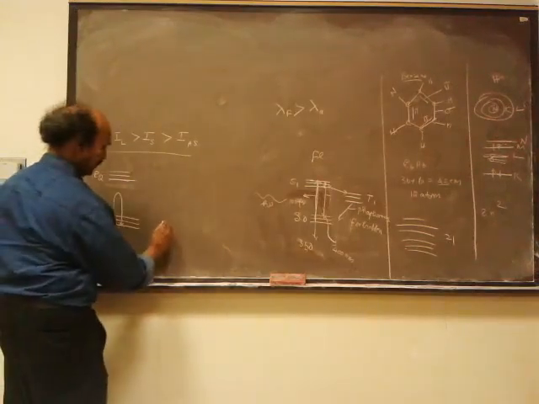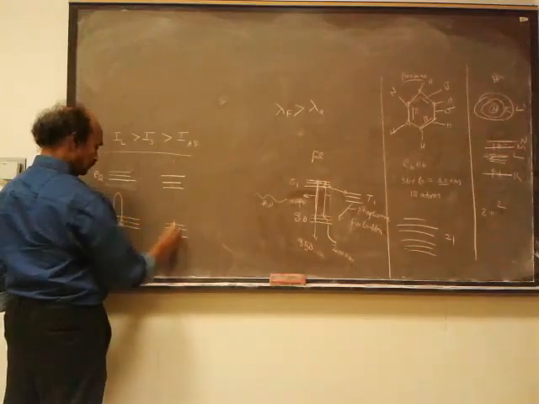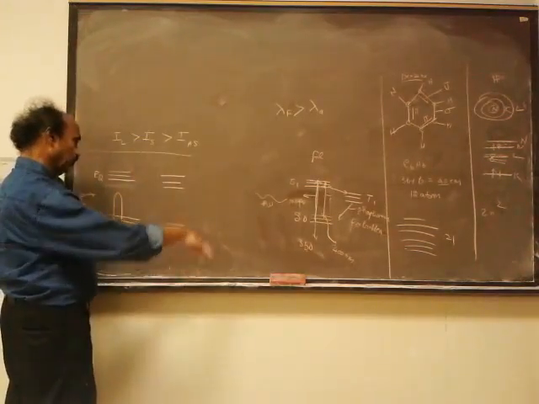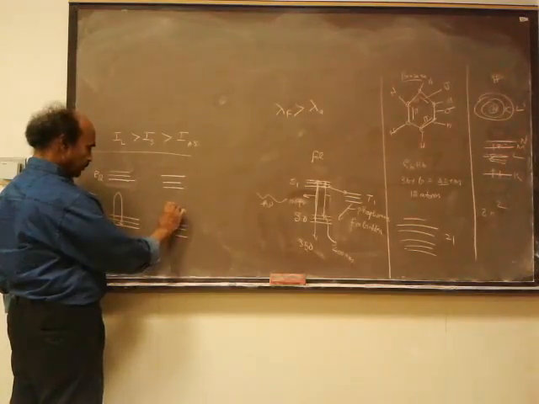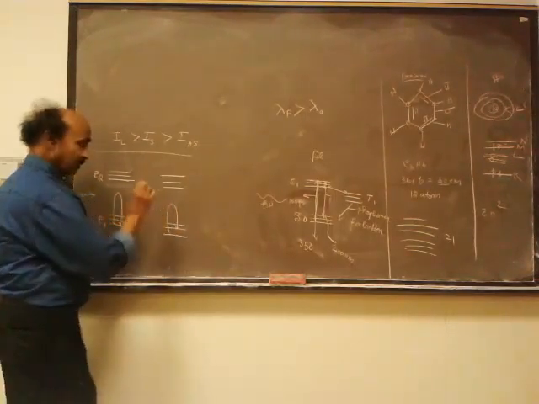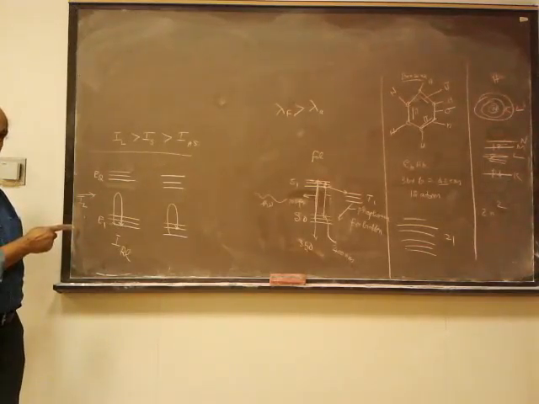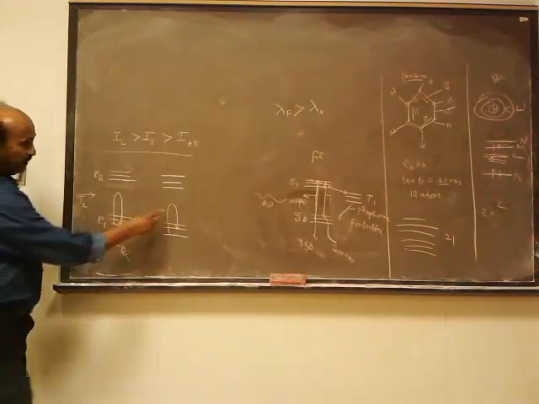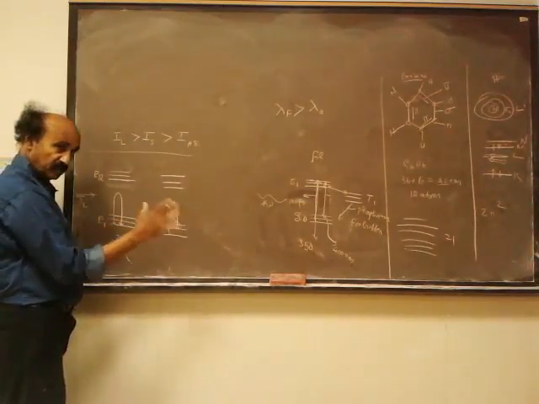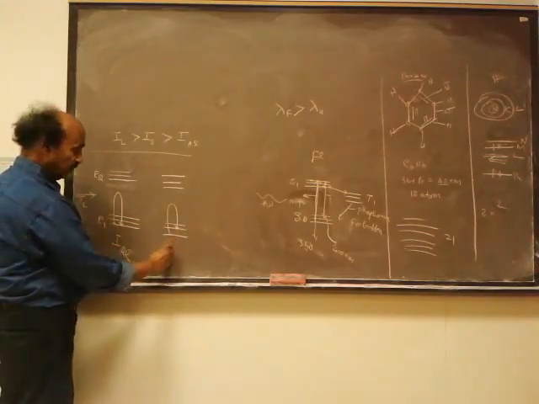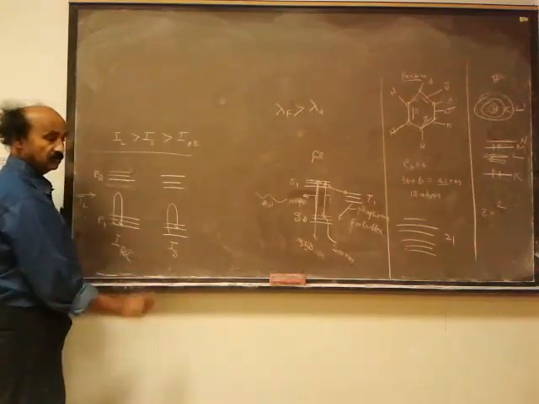Next step. This is how Raman pictured it. Take the same molecule, do the same experiment, look at this. It goes and stops here. If it stops here, the scattered light has lesser energy or more wavelength. So this is called intensity of Stokes light.